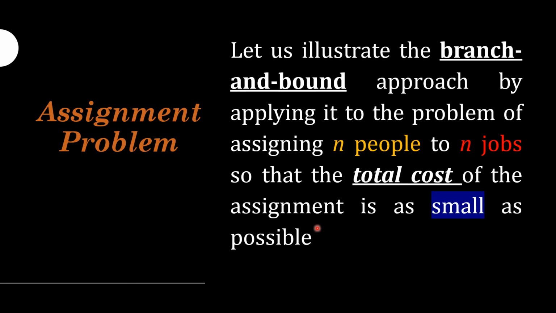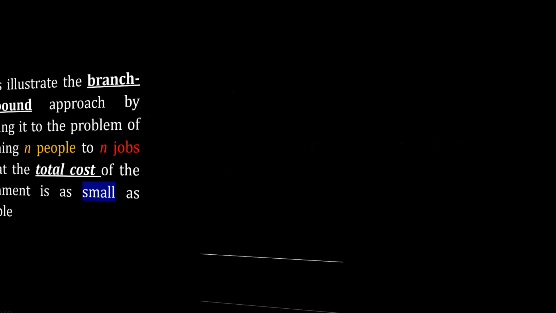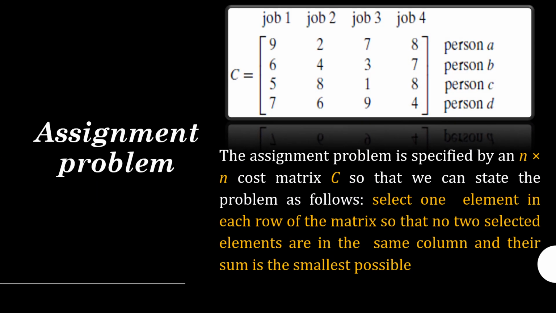The total cost of the assignment should be small, so it is an example of a minimization problem. We have to find the minimum cost required to assign n jobs to n people. So how do we solve this assignment problem with the help of branch and bound? Let us see what this assignment problem means.